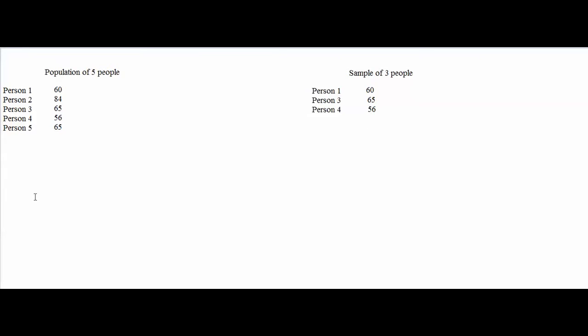So I'll write that right here. Or you could say it's the maximum value minus the minimum value. Now let's calculate the range for the population of all 5 family members.